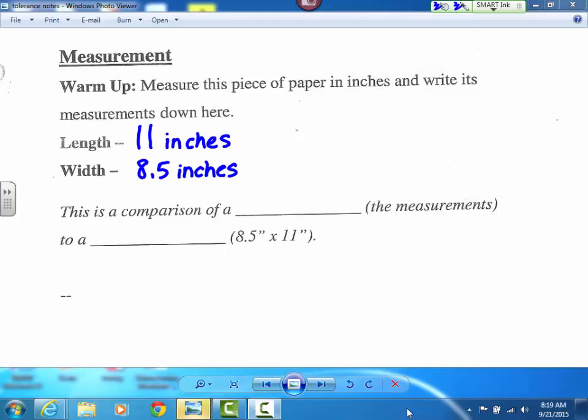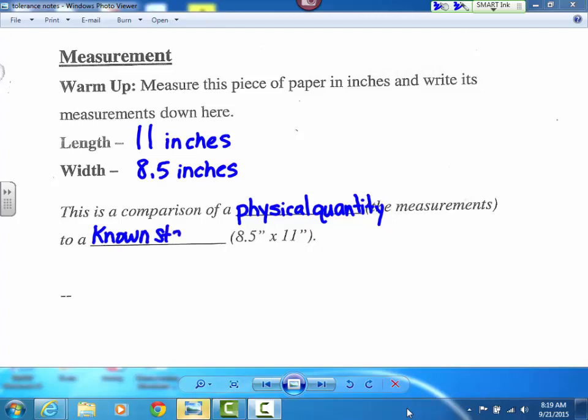So taking these measurements, you have compared the measurement that you actually got, which we would call a physical quantity. The measurement that you actually got is a physical quantity. That's what you physically measured. And you compared this, probably without even thinking about it, to what you know to be true about that piece of paper.